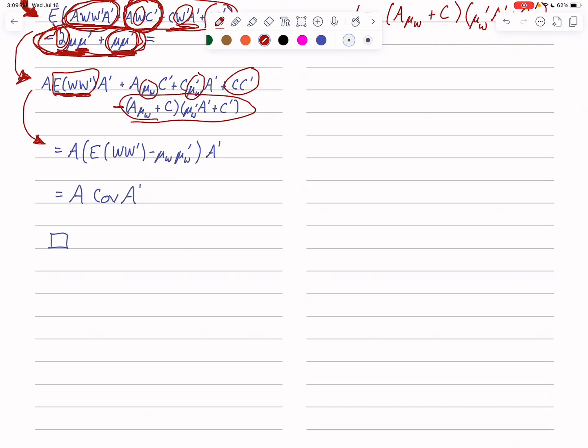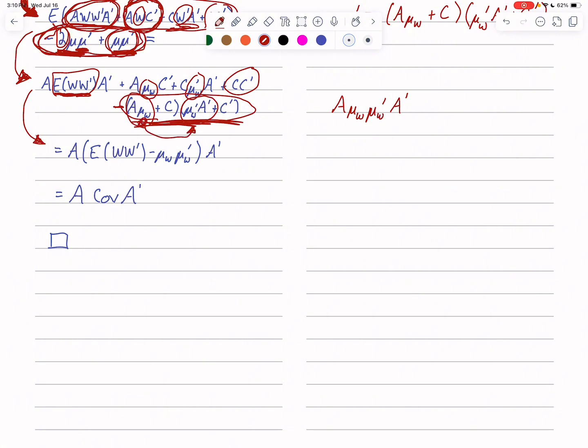So what can we do from here? Well, if we take this and distribute it out, you'll see that lots of things cancel. After all, you're going to get an A mu_W times mu_W prime A prime. Now that part actually doesn't cancel, so that one survives. Where does it show up? Well, that basically amounts to A mu_W mu_W prime A prime. So that's that term from distributing this over to here.